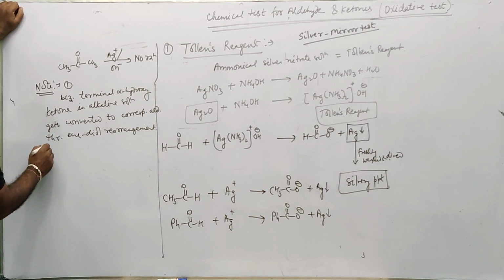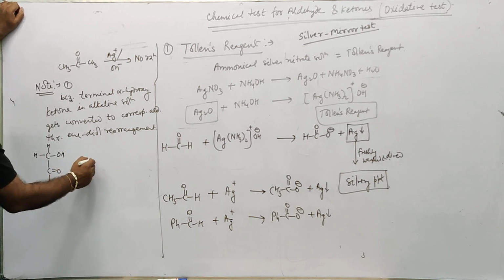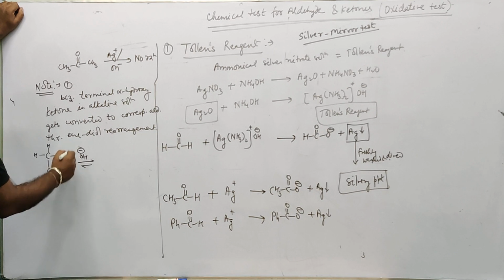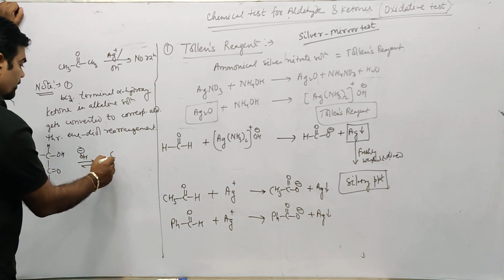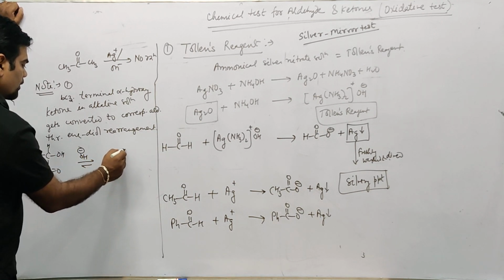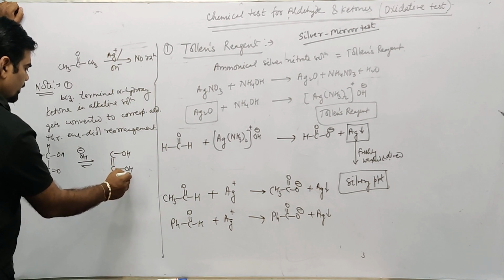Suppose we have CH2OH and C double bond O. In alkaline solution, what happened? This will become C double bond C, OH, OH.